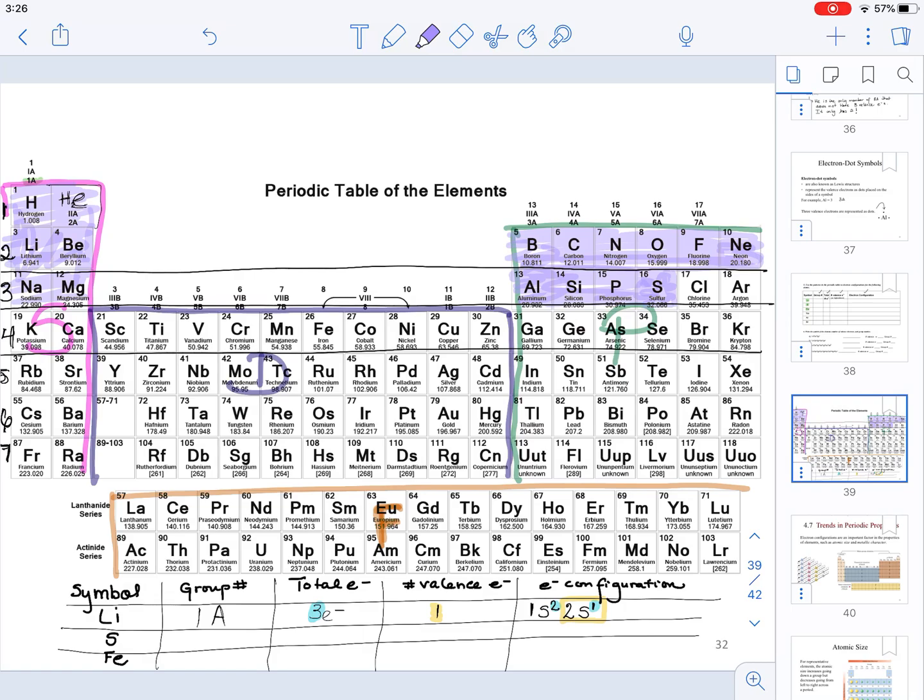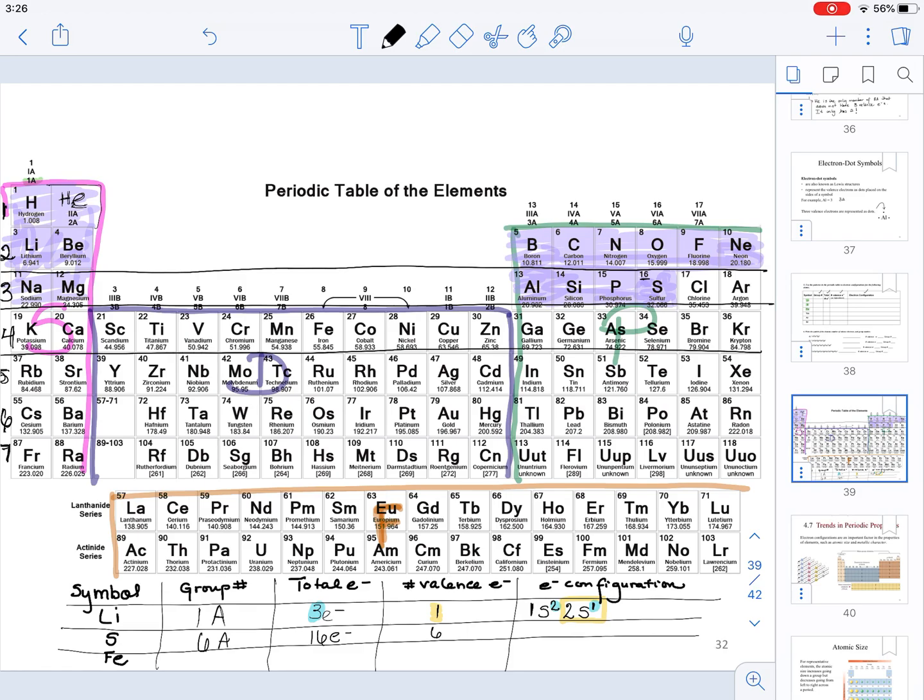Okay, so let's start filling up this information. Sulfur lives in group 6A. Total number of electrons, 16, because of its atomic number. Valence electrons, because it lives in 6A, it has 6 valence electrons.